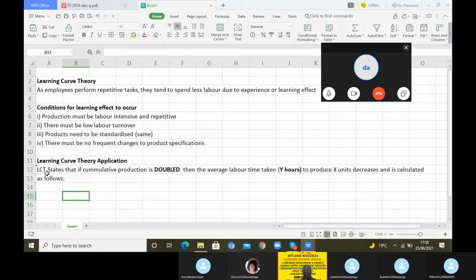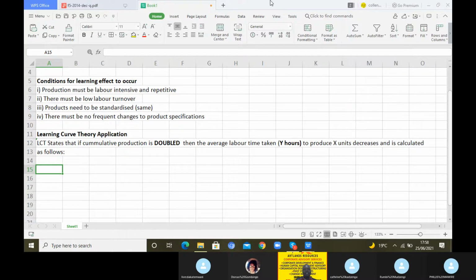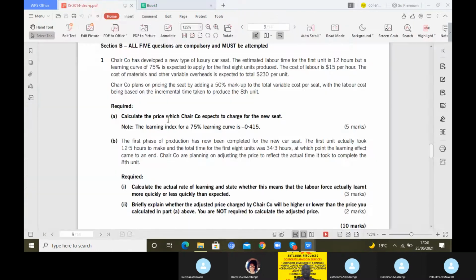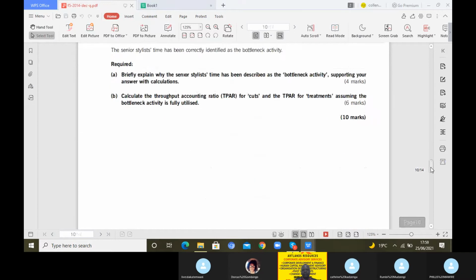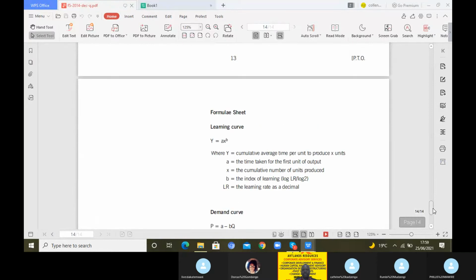LCT states that if cumulative production is doubled, then the average labor time taken to produce X units, which is Y hours, decreases and is calculated as follows. In your exam, we give you the formula for how to calculate the average labor time taken. I have opened the question paper here for the purpose. So there you go. This is the learning curve theory.